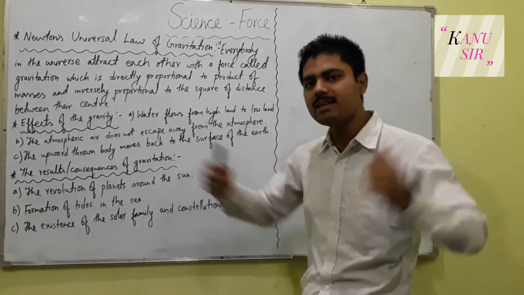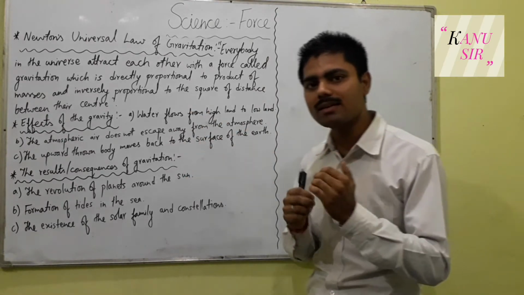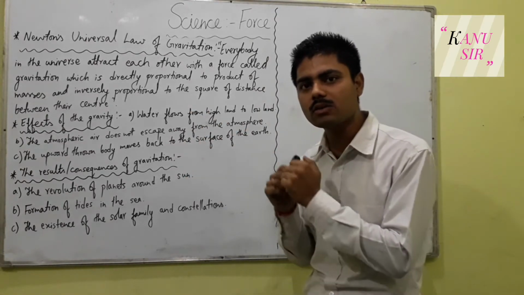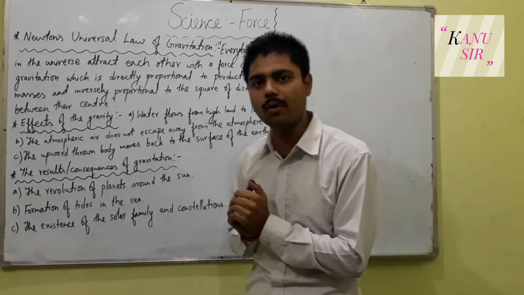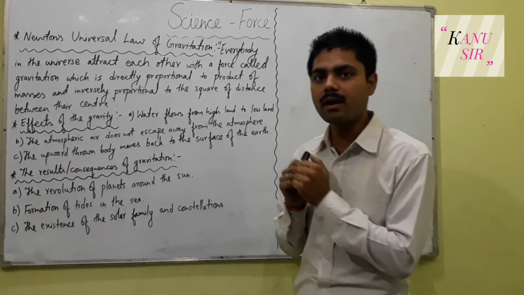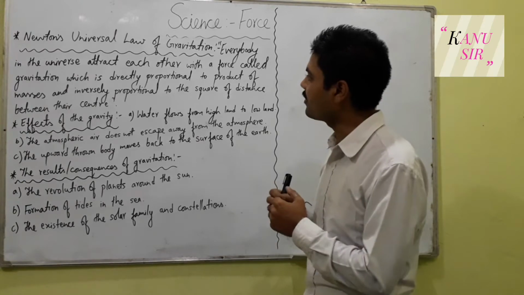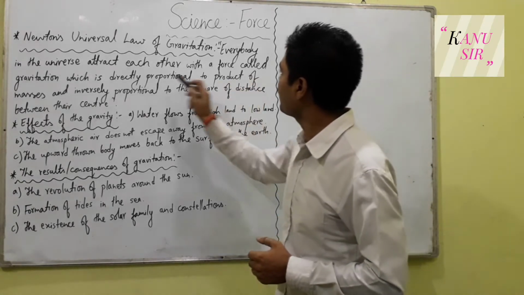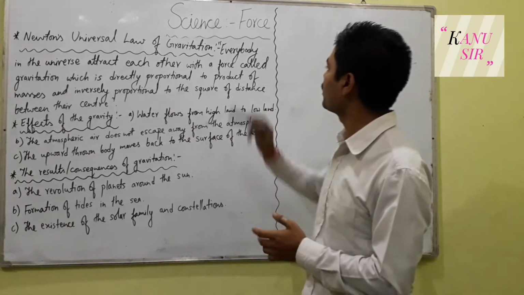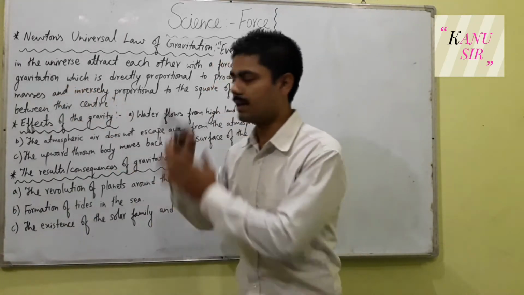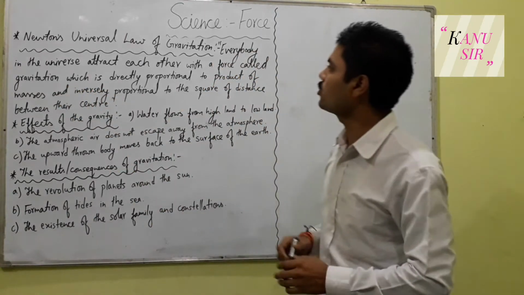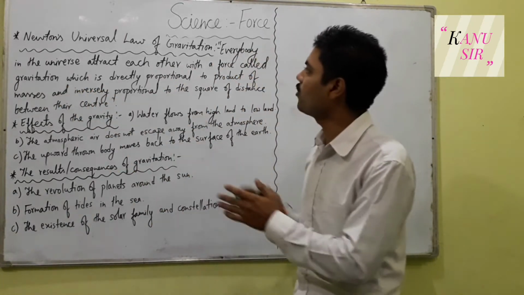Everybody is attracting each other, but our attraction is negligible. But in the context of heavenly bodies, we get the effect of gravitation. So they attract each other with a force called gravitation. That is called gravitation.